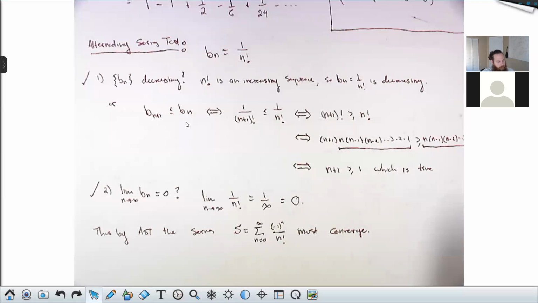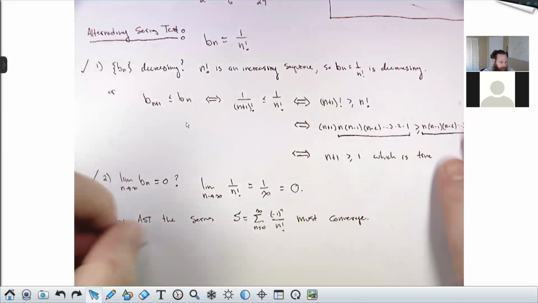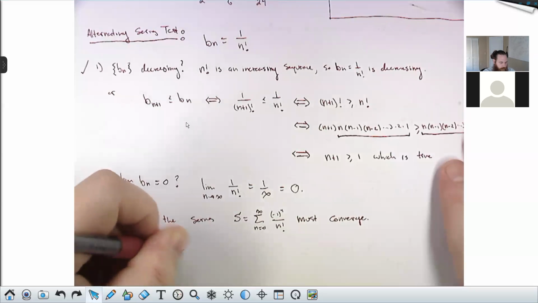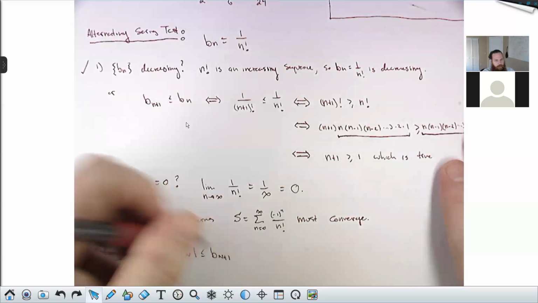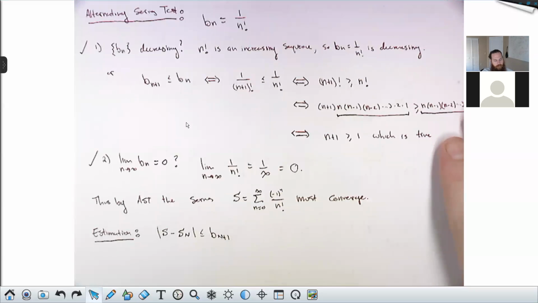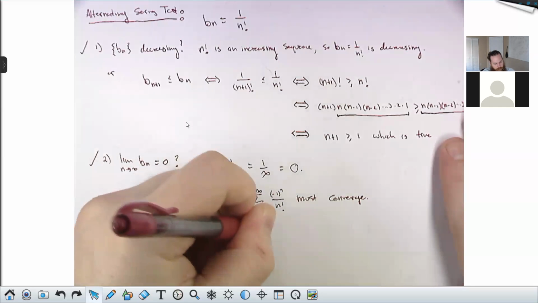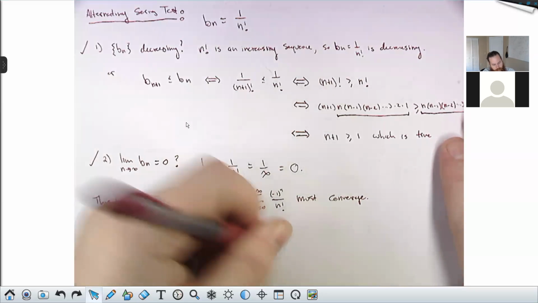Okay, so finally, our estimation theorem. We know that the distance from S to Sn is always less than or equal to B sub n plus 1. And B sub n plus 1 here is 1 over capital N plus 1 factorial.